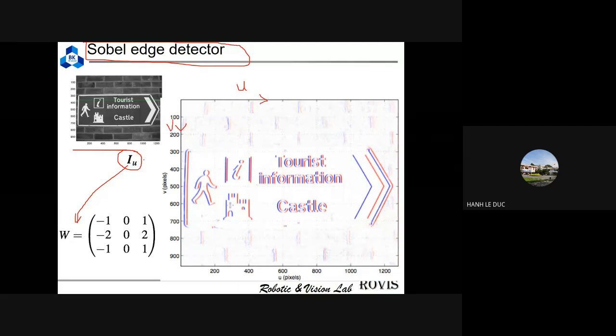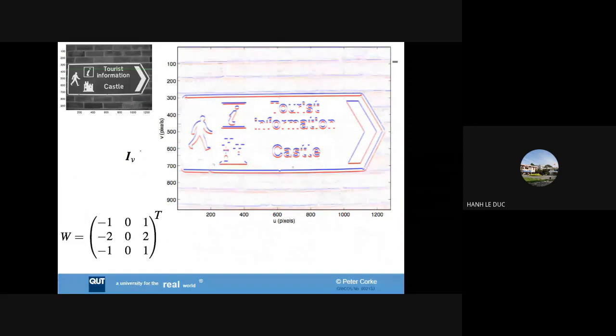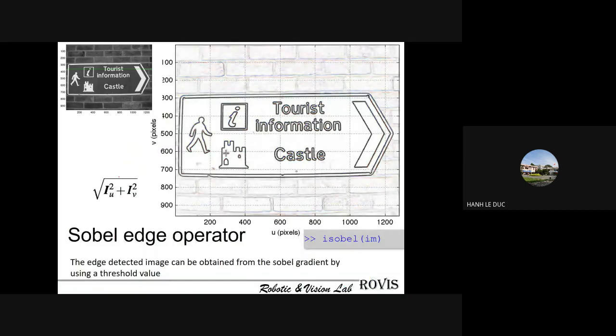You apply the Sobel filter for the U direction, you have Eu, and for the V direction, you have Ev. And then you do this math.